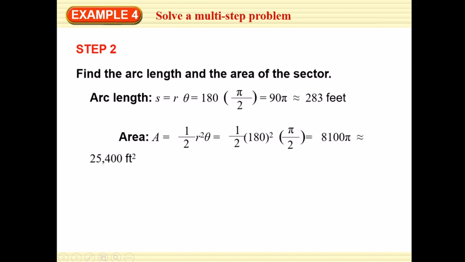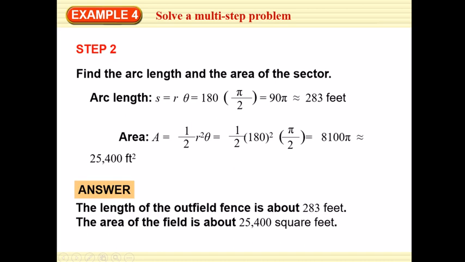I have pi over 2 in for theta, and I multiplied out using my order of operations correctly, and I get 8,100 pi exactly, and that gives me 25,400 feet squared. So the answer, the length of the outside fence, is that chunk of the circumference of the circle, 283 feet, and the area of that field is 25,400 square feet.